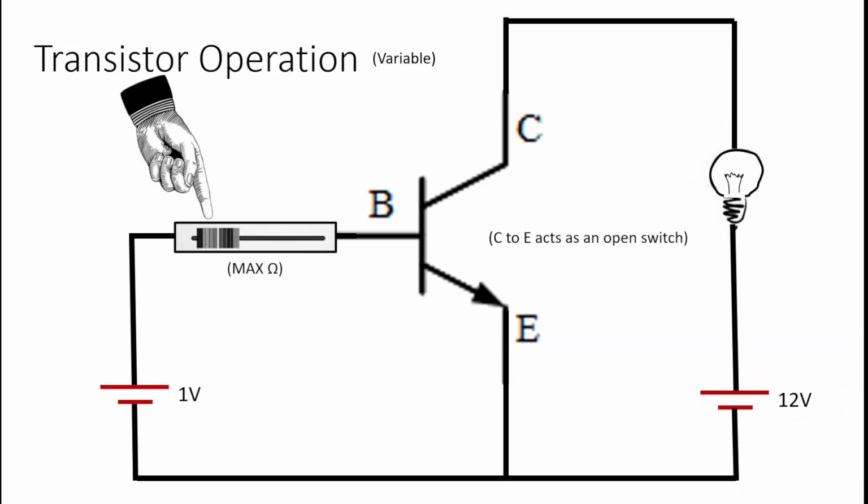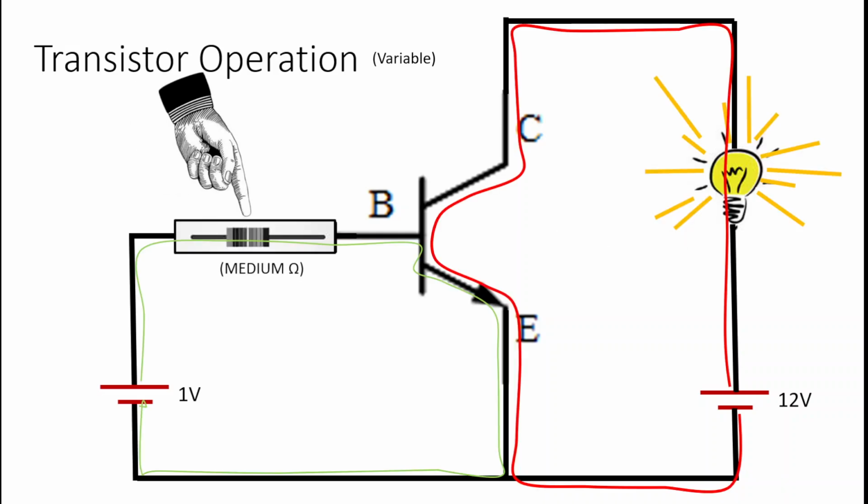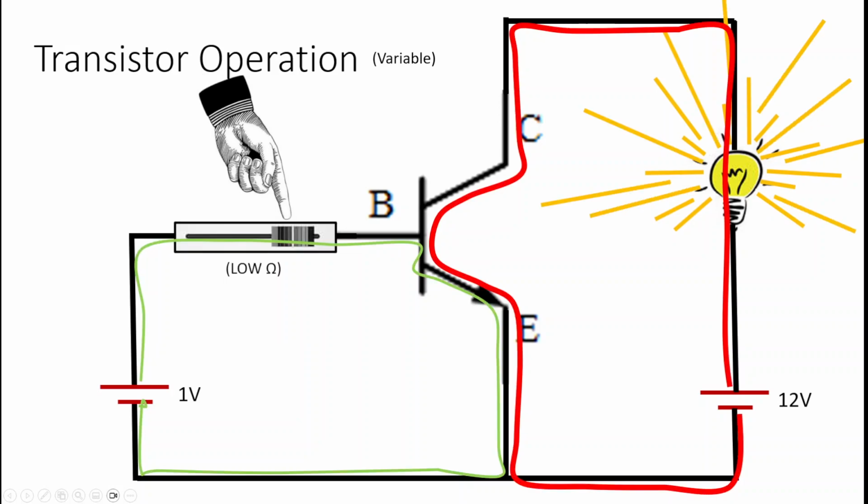As I move the switch over, we're going to see that a little bit of current flows into the base terminal, and that's going to affect the voltage that is permitted from C to E. It's not permitting 100% of the current flow through, and so my light is dimly lit. If I move this all the way over, I have more base current, and more base current allows more current to flow C to E, and that makes my load turn on brighter.